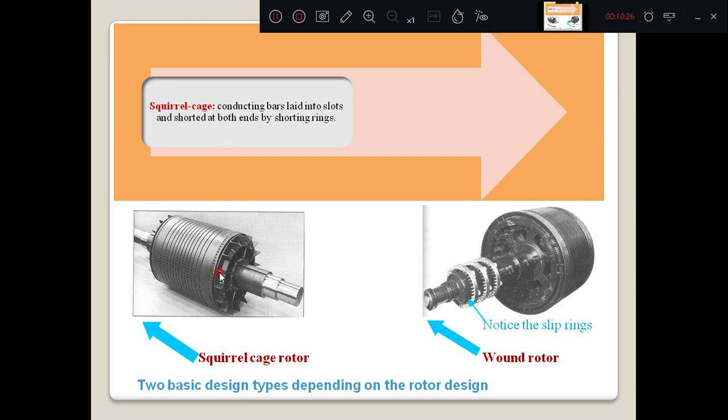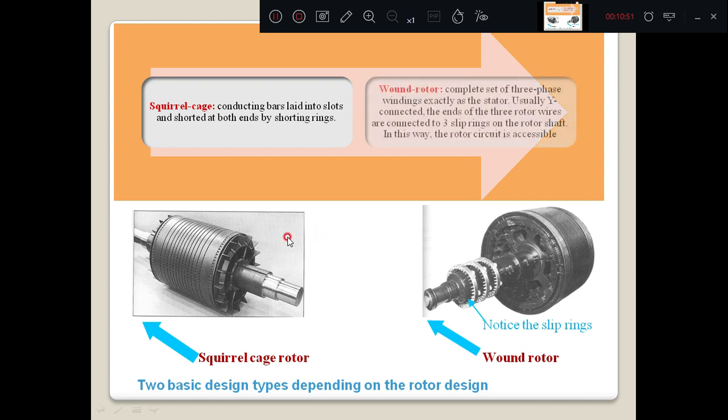They are forced into the slots here, and on either end these conductors are short circuited by an end ring. These conductors are embedded here, and they are short circuited by the end ring. That is what we are calling the squirrel cage.